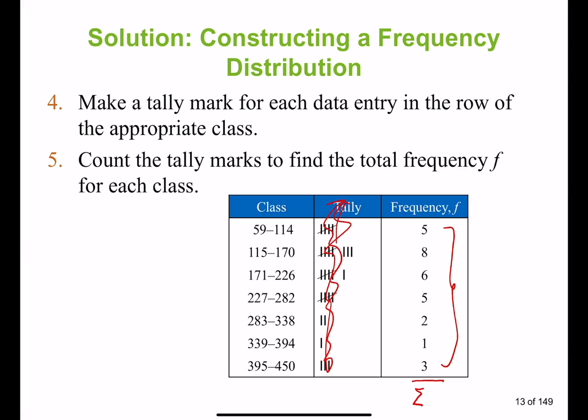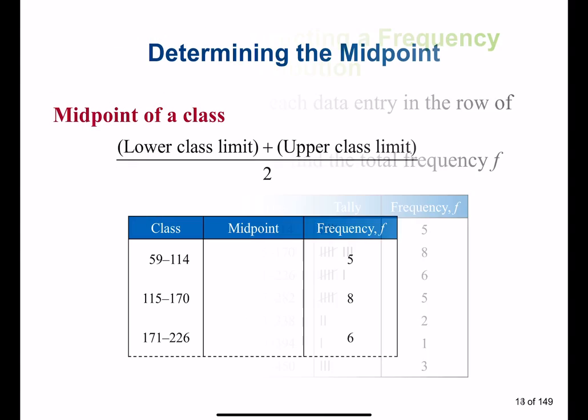So let's add: 5 plus 8 is 13, plus 6 is 19, plus 5 is 24, plus 2 is 26, plus 1 is 27, plus 3 is 30. Precisely the amount of GPS mentioned at the beginning of the task. Whoever doesn't believe me can open the PowerPoint, scroll back, and you will see. It's talking about precisely 30 GPS being sold.